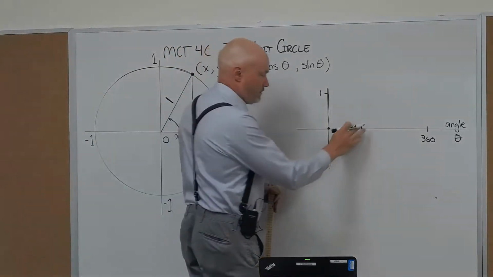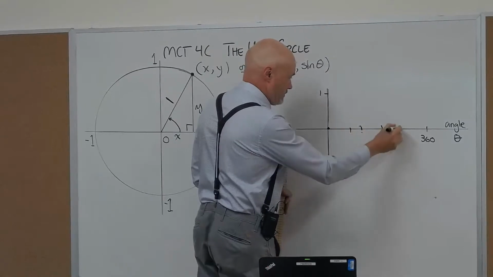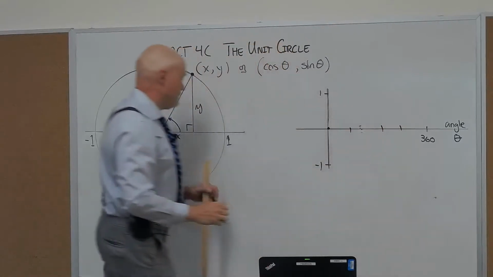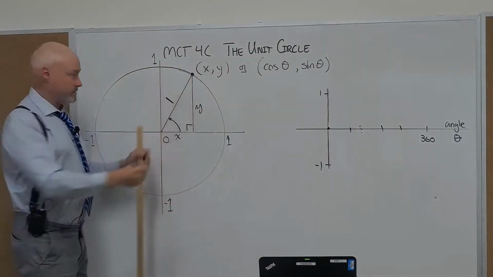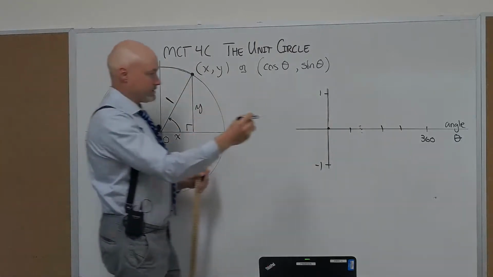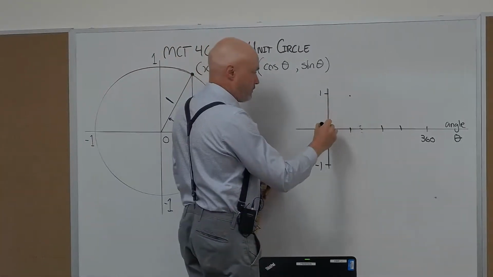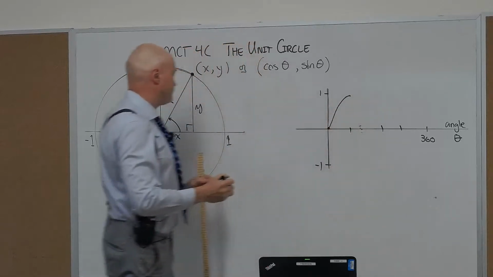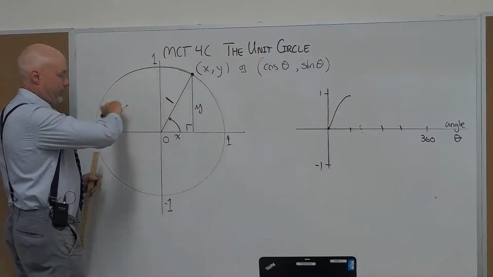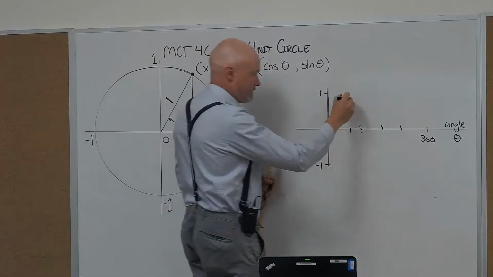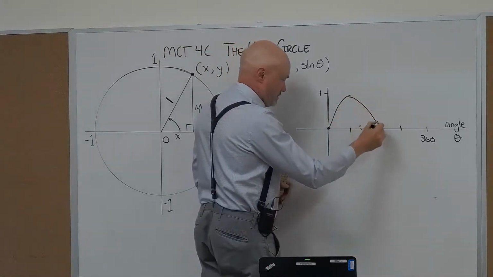When I get here to 90 degrees, my y coordinate reaches the maximum, goes all the way up here to 1. Then it starts to fall back down, gradually. This goes into the negatives.